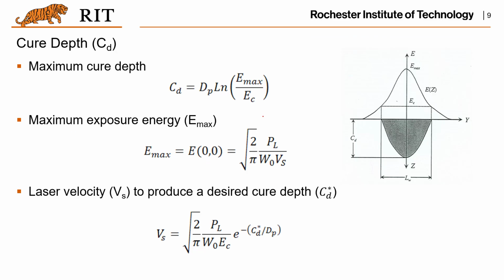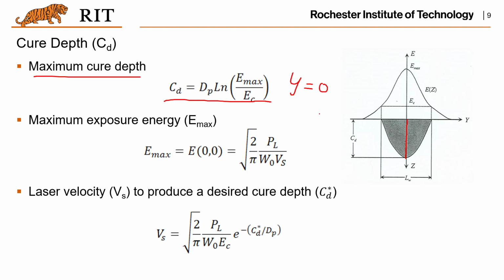So let's look at the equation more. As you can see here, there's a maximum cure depth. This maximum cure depth gives you the idea of what the CD is along this line when y equals 0.